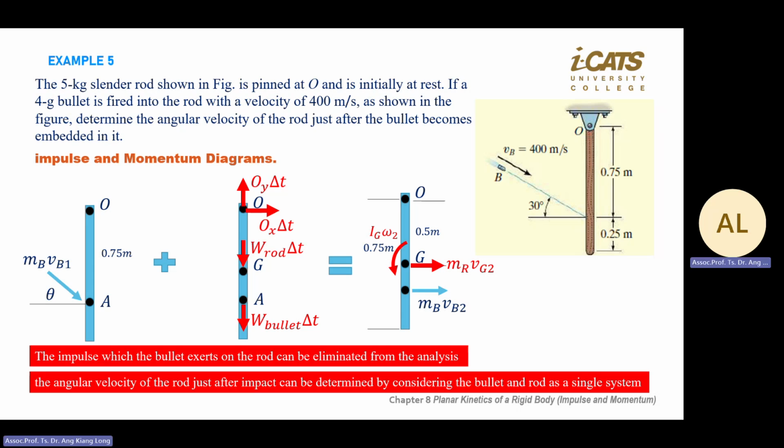Yeah, we continue. So you have this case where you have a rod and a bullet shot at a certain angle and hit the rod. So the rod will do what? Will swing left, right, or swing clockwise or anti-clockwise? Anti-clockwise, okay.